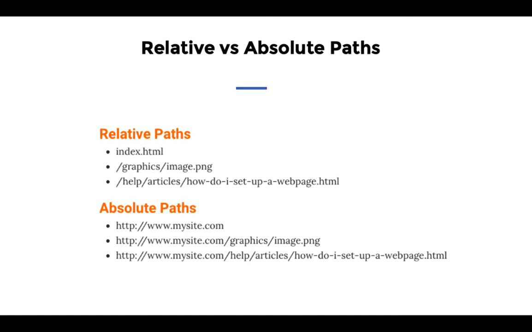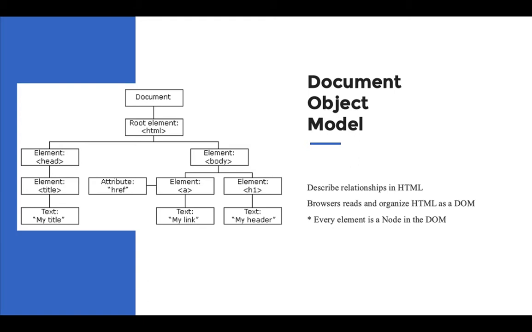Yes. So relative is only relative to the current file that you're looking at, and absolute paths will be the same from every location. Then the DOM, the document object model, is basically how browsers read and understand websites.